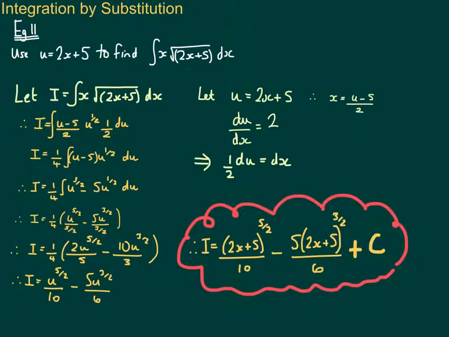We just change that original substitution back into the expression involving x. So the end result is the integral of x multiplied by the square root of 2x plus 5 with respect to x, which is quite a very clever technique, really. Okay, let's try another example.